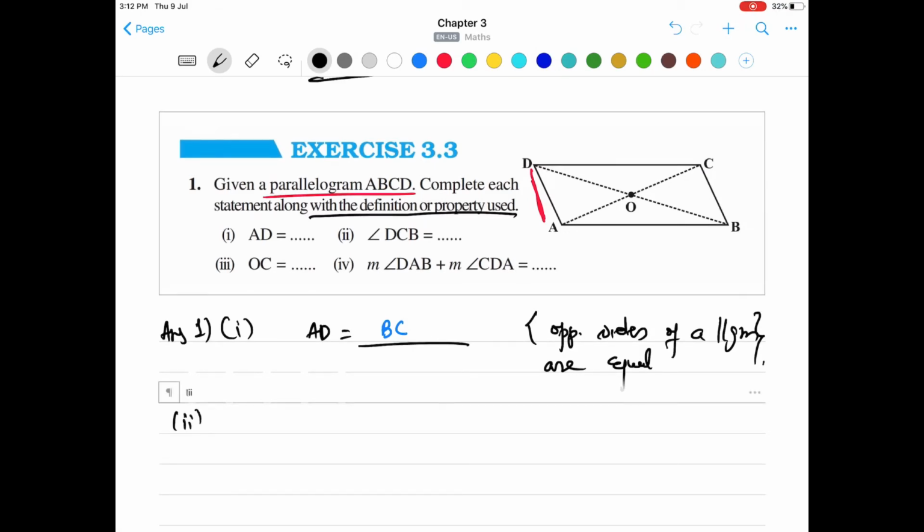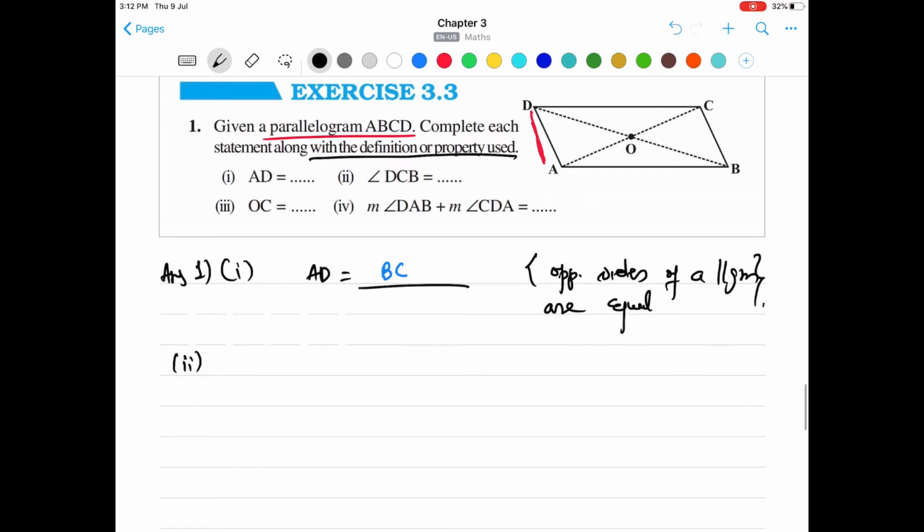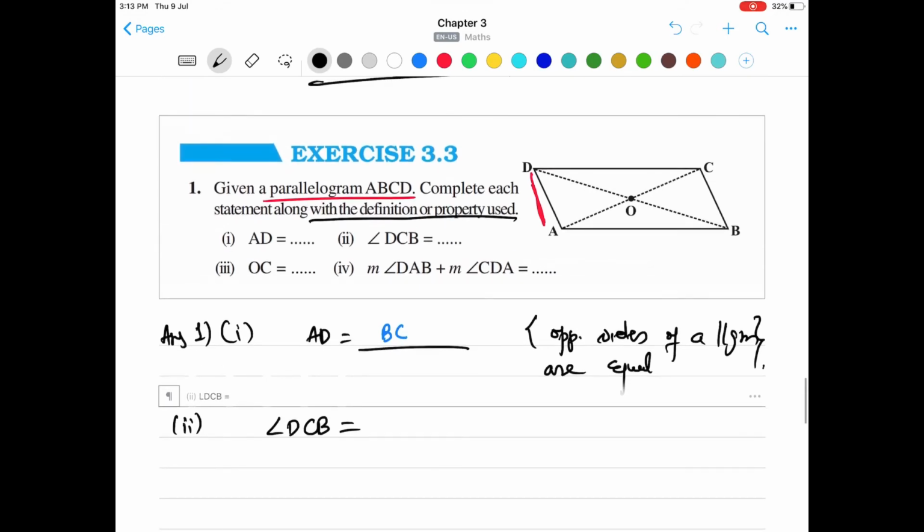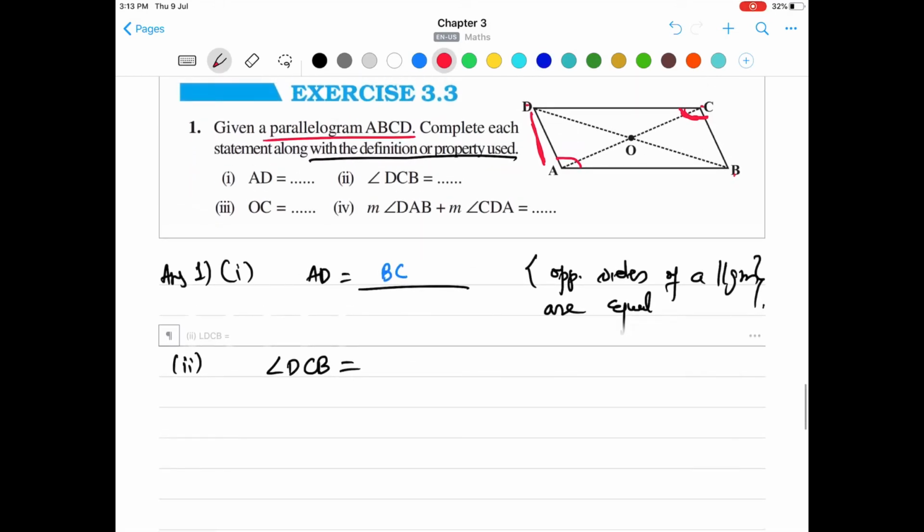Moving ahead to the next part, we have angle DCB. Now we have to locate the angle DCB. This angle will be equal to its opposite angle DAB, as we know that in a parallelogram opposite angles are equal.